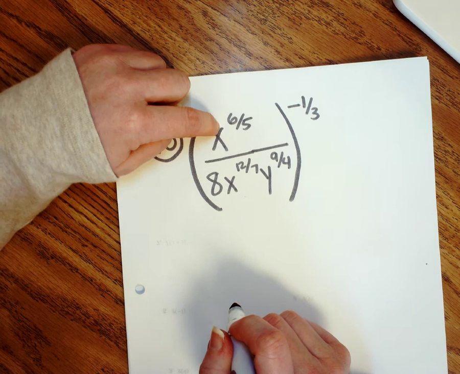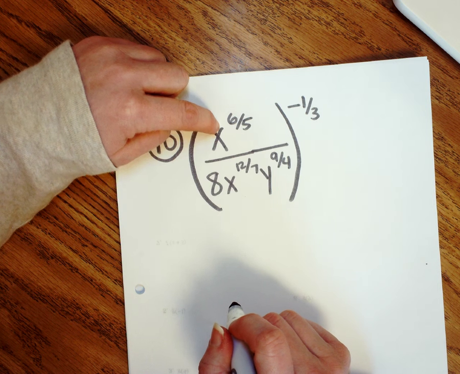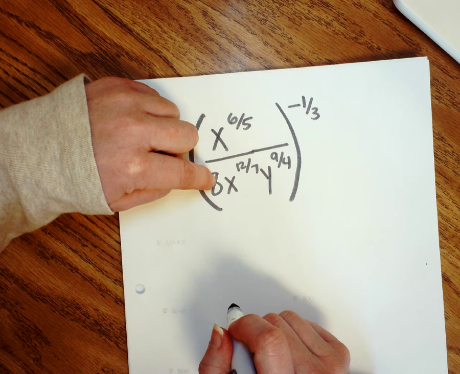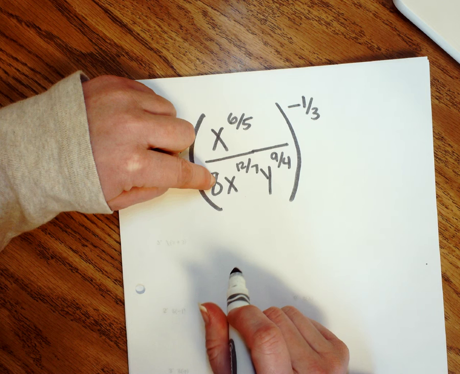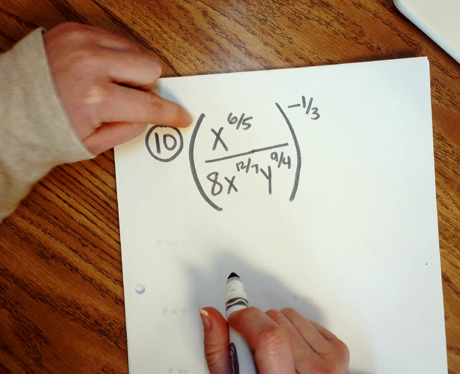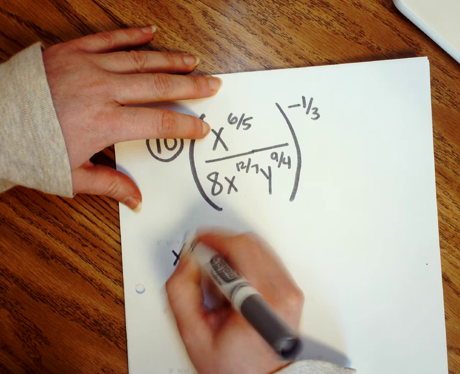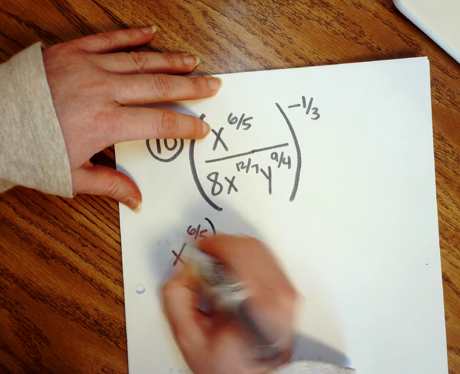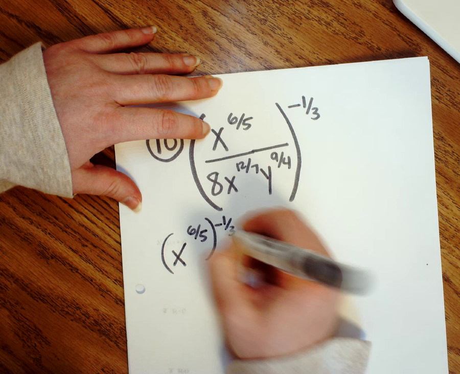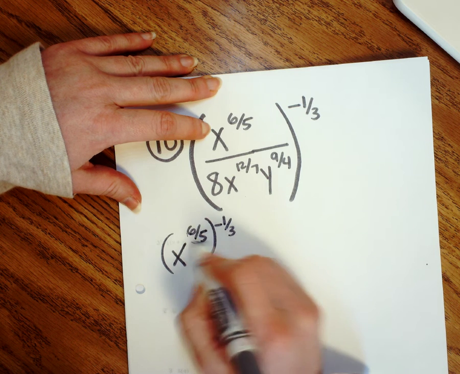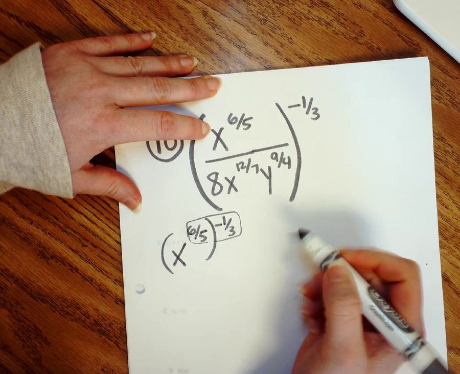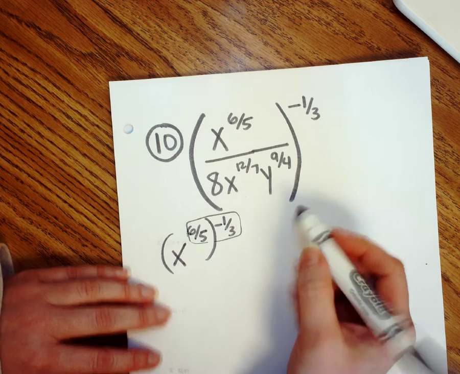Again, everybody's going to get the -1/3 power, including the 8 on the bottom. And I'll show you that. We'll discuss it a little bit. So what I need to do is give 6/5 the power of -1/3. To do this, I need to multiply 6/5 times -1/3.